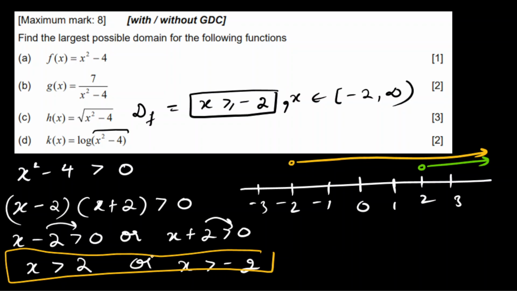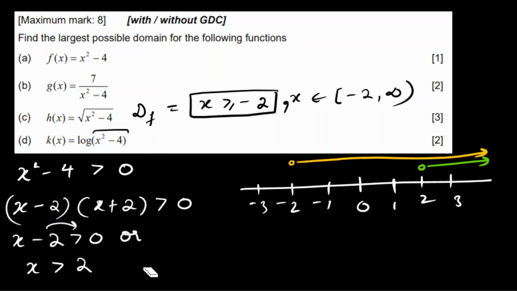But here, or means everything I have to take. In x is greater than negative 2, the point 2 is also coming, whereas in this line 2 is not included. So in such cases, how will we write the solution set? I'll tell you.